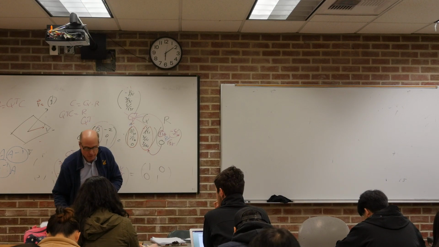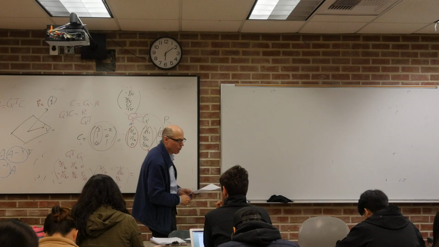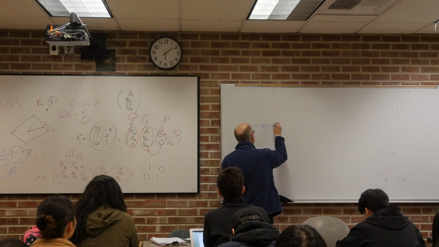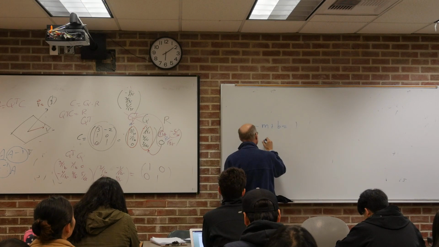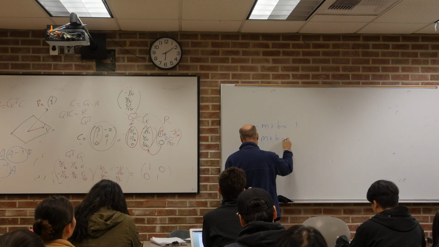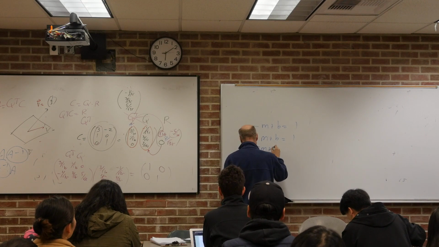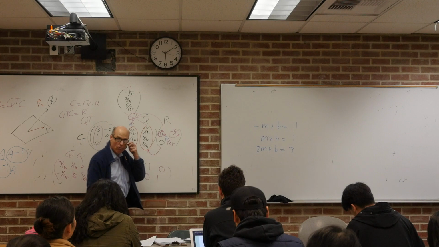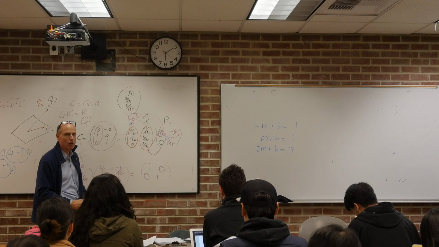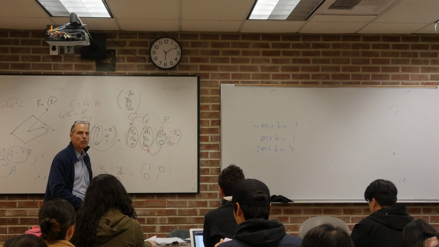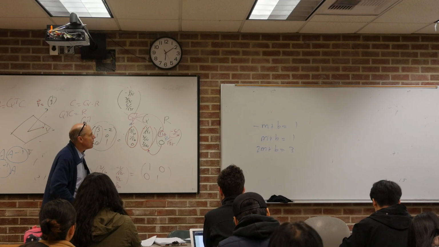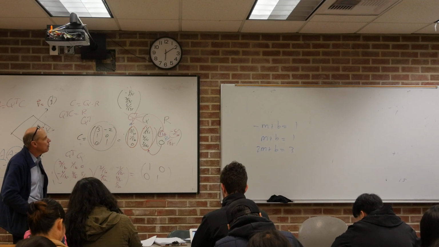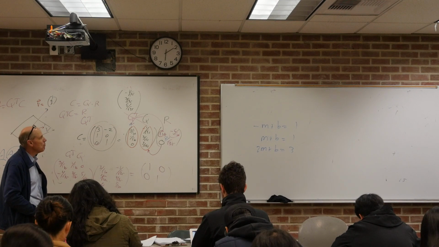The idea is you've got a system of equations where if you knew the solution to that system, it would tell you about the object that you're studying. And unfortunately, there are no numbers m and b that make all those equations true. So it's your job to figure out the best possible m and b. So what do you think about m equals 0, b equals 1?